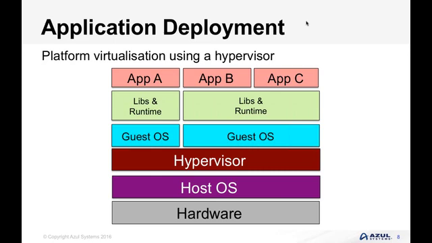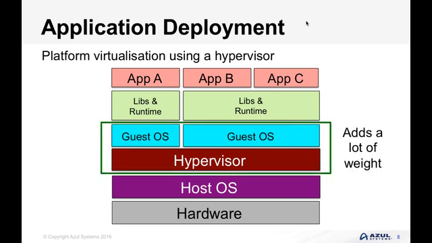The issue that we have with that is that whilst that works very well, it's actually quite heavy in terms of the load, because we've got, as you can see in the diagram, multiple operating systems. We have the host operating system, and then we have guest operating systems. Every time we want to create a new virtual machine, we have to install the whole guest operating system another time.